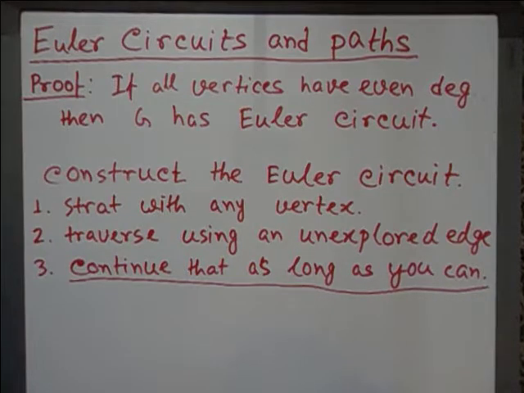How do I know that standing on a vertex I can always find an edge which is unexplored, through which I have not gone through? Well, you can always do that because every vertex has even degree, so that makes it possible.